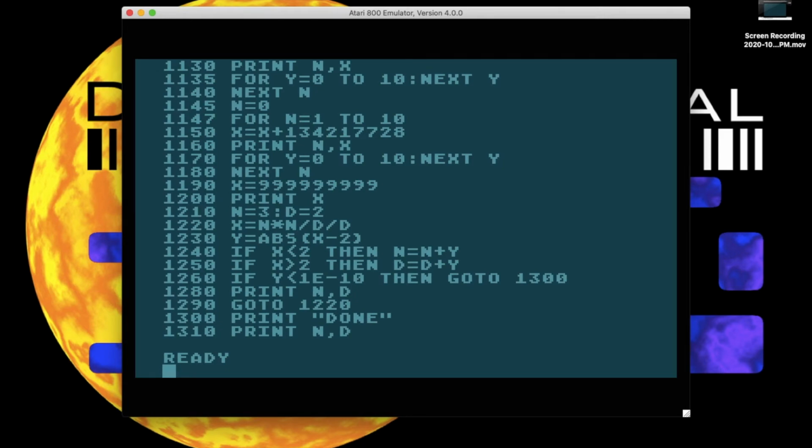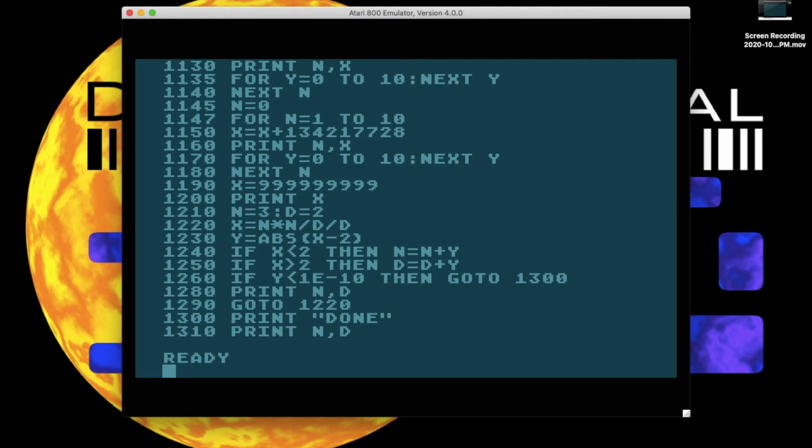See, I'm calculating the epsilon, which is y, the absolute value between x and 2. And that's the epsilon. And you add the epsilon to the numerator if your square is less than 2.